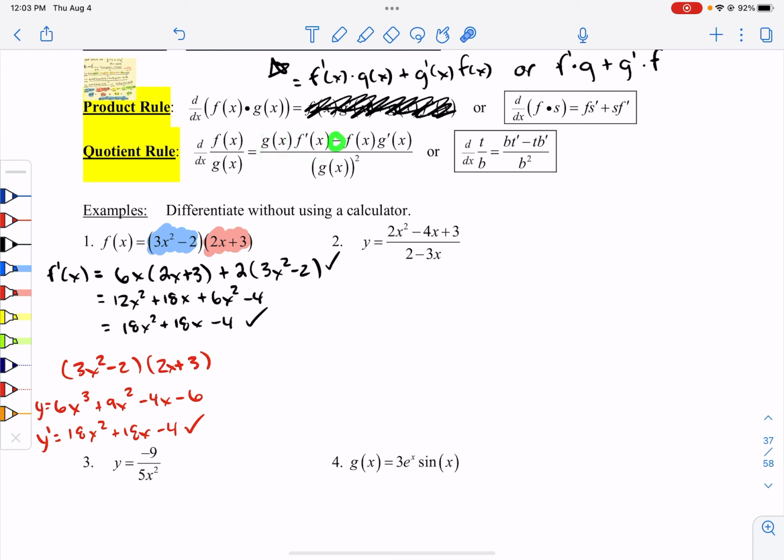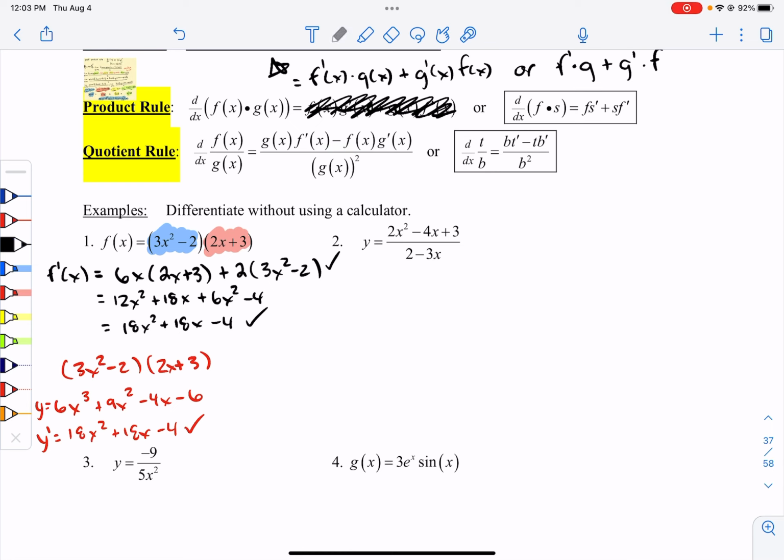And then I subtract the derivative of the bottom multiplied by the top. So it's almost the same as the product rule, except you do a minus sign in the middle and you're using top and bottom. But then because it's a quotient, whatever was on the bottom, I'm going to square what was on the bottom.